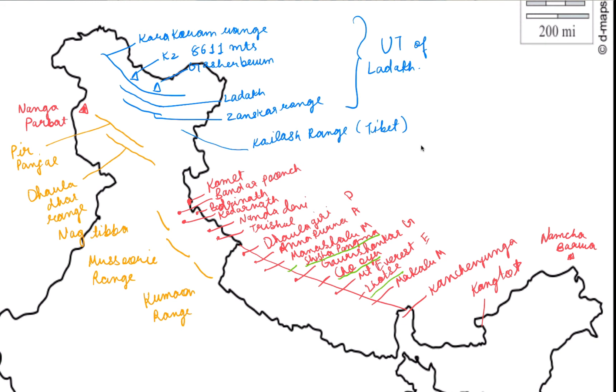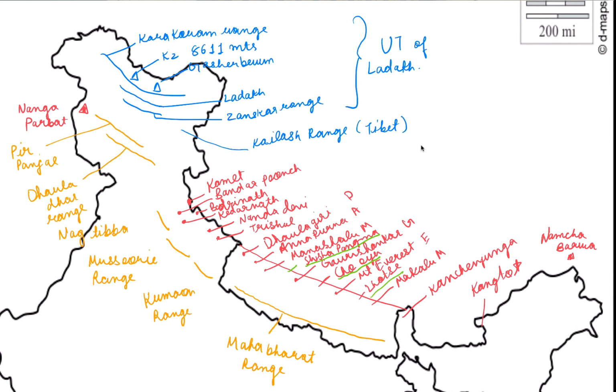And then the range goes further in the Nepal region, and there's a very major mountain range called Mahabharat range. That's in Nepal. And then for Shivalik, there are no important ranges as recommended by Sudarshan sir.